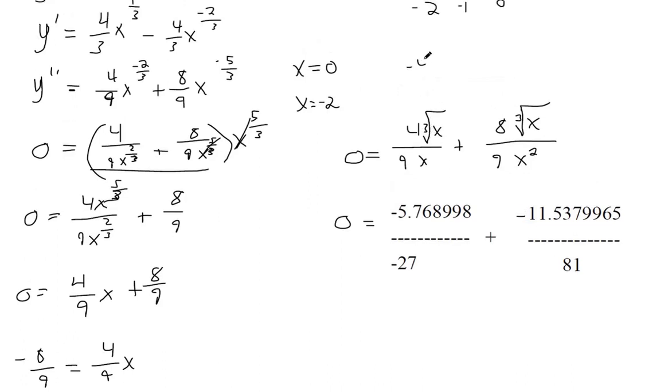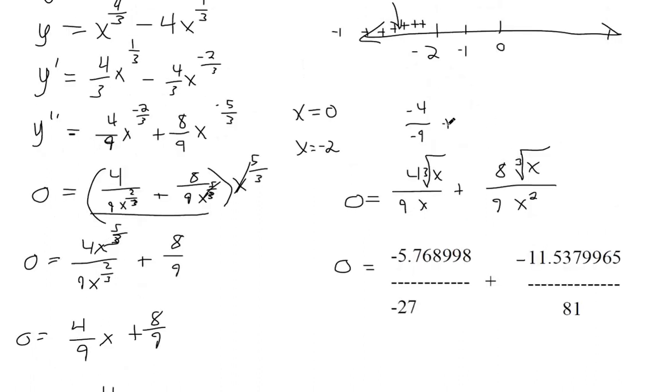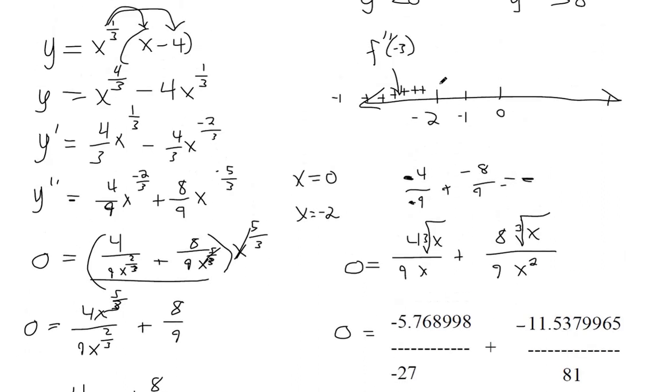So this is -4 over 9 times -1, so that's -4 over -9. And then the cubed root of -1 is -1, so this is -8 over 9. So this negative divided by negative makes a positive, so we got 4/9 plus -8/9. That's a negative number, -4/9.